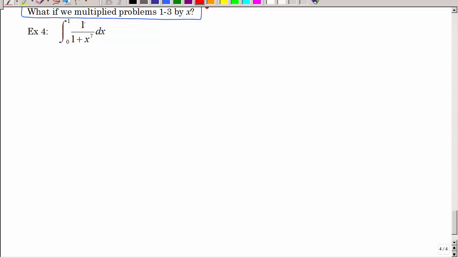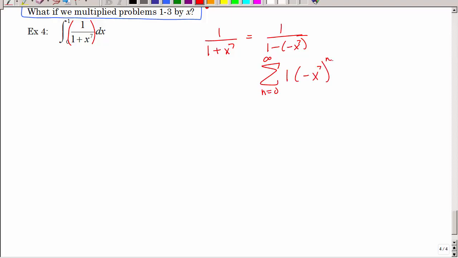Well, the cool thing is this right here can be written as a power series. 1 over 1 plus x to the 7th is 1 over 1 minus negative x to the 7th power. So that is going to be the series as n goes from 0 to infinity of 1 times negative x to the 7th to the n power.